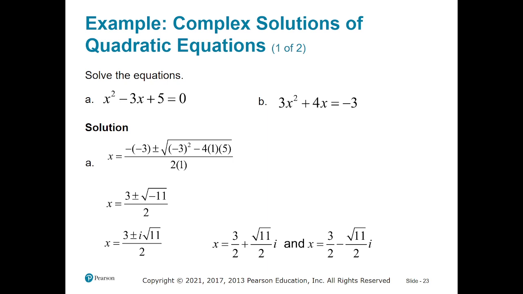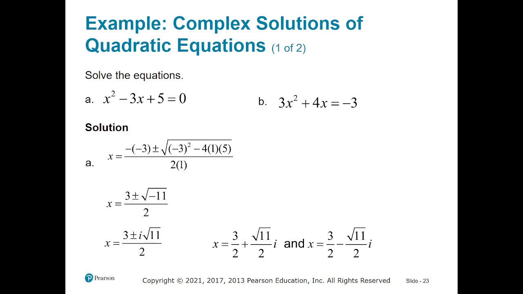And so if I break this up into its separate fractions, I'll have 3 over 2 plus or minus i times the square root of 11, all over 2. Right? I just put that 2 over both my pieces and separated it by the operation plus or minus.